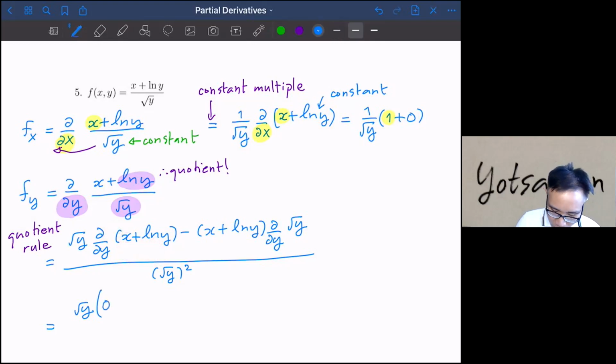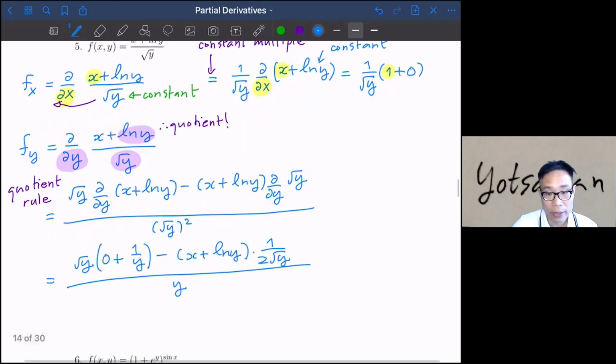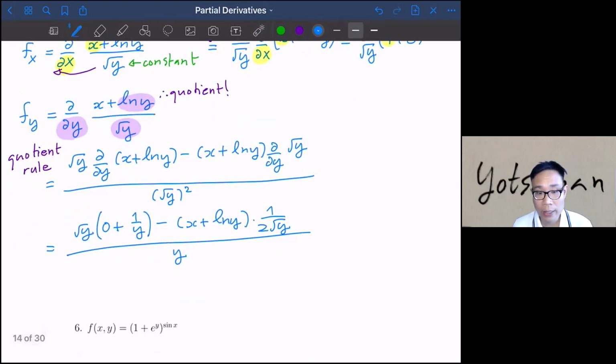So this one will be 0 plus 1 over y, minus (x + log y). And you differentiate root y, it's going to be 1 over 2 root y, over y, because root y squared turns out to be y.